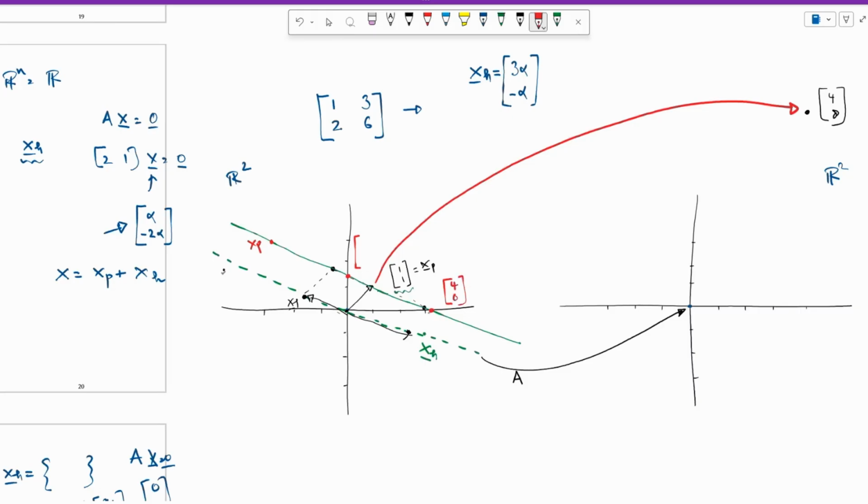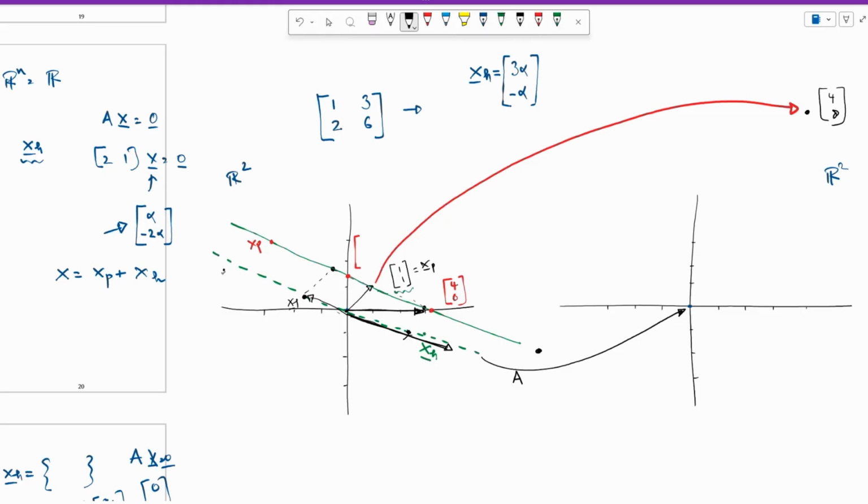let's say I had chosen this as my particular solution. Now, if you take this point and you add anything from here, if you add these two, you'll still produce that line. It doesn't matter what point you choose as your particular solution.